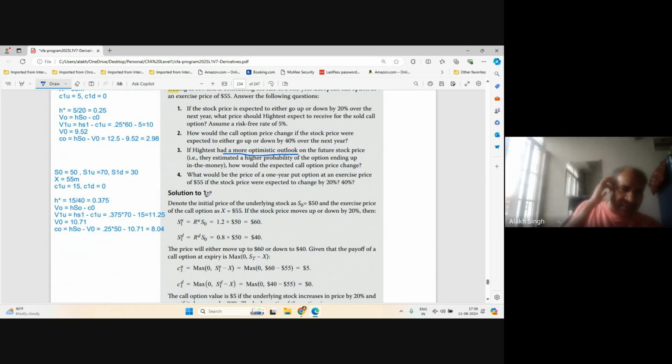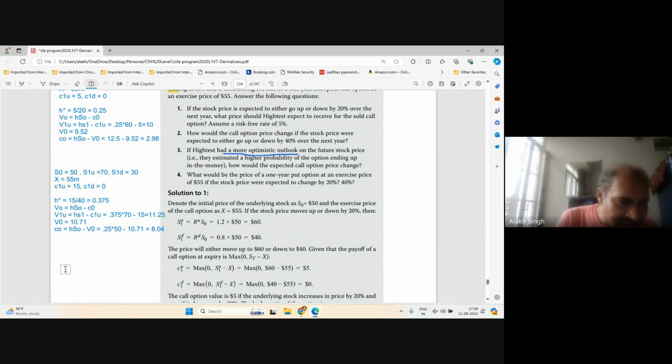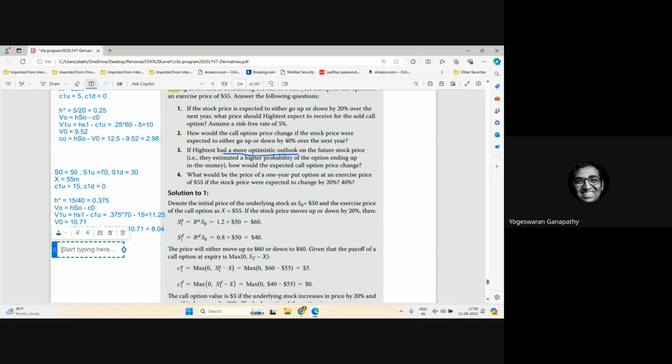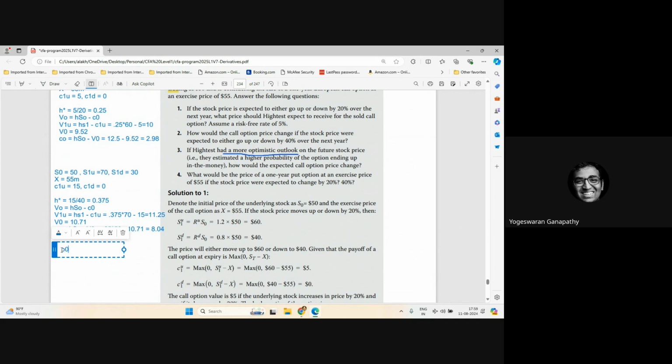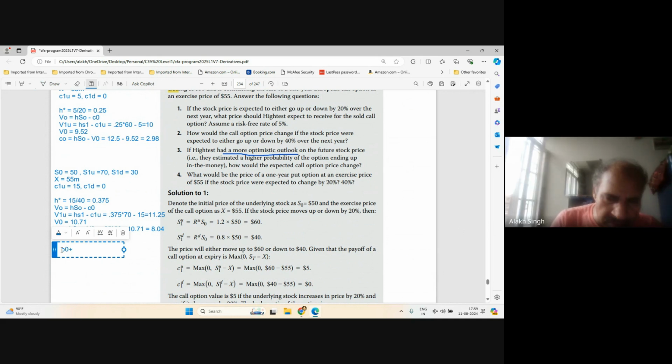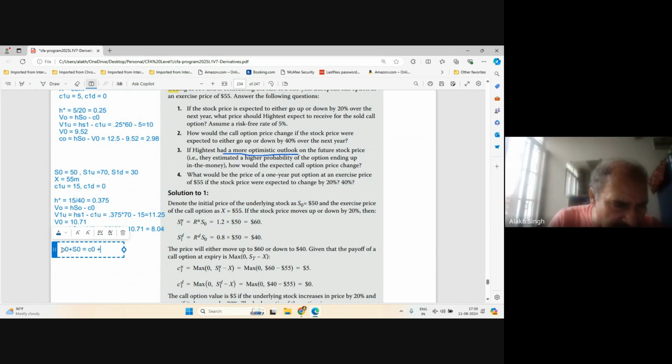We can calculate the put option using this formula, or if you want a shortcut, let's use yesterday's formula, put-call parity. Put-call parity was P0 plus S0 is equal to C0 plus present value of X, the present value of the exercise price.